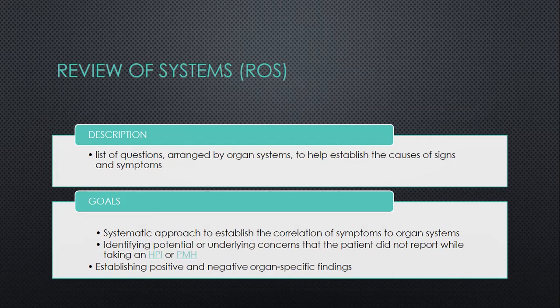To give a systematic approach to establish the correlation of symptoms to organ systems, identifying potential underlying concerns that the patient did not report while taking an HPI or a PMH, and establishing positive and negative organ-specific findings.